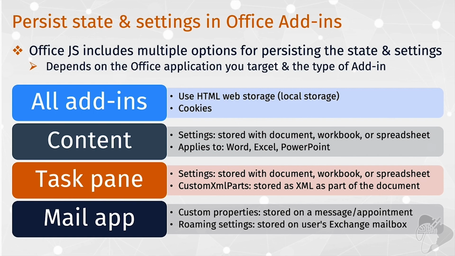A content app, which is available in Word, Excel, and PowerPoint, has an option for storing settings with the document, the workbook, or the presentation itself. And when it comes to a task pane app, you've got the same options you have in the content add-in, so the same settings option, but you also have custom XML parts. This is data that's stored in a custom XML portion of the document or workbook.